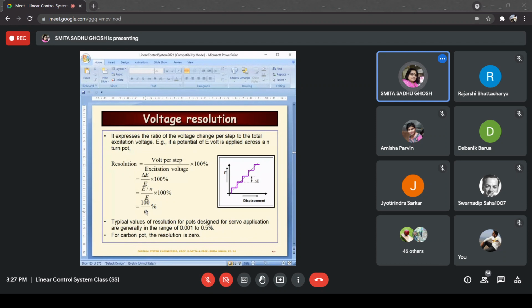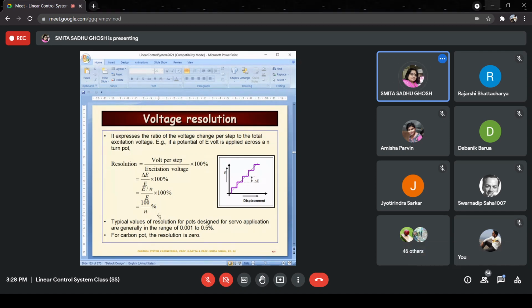So the resolution does not depend on the amount of excitation voltage. It depends only on the number of turns, right?